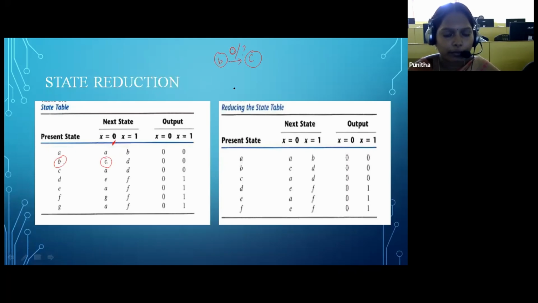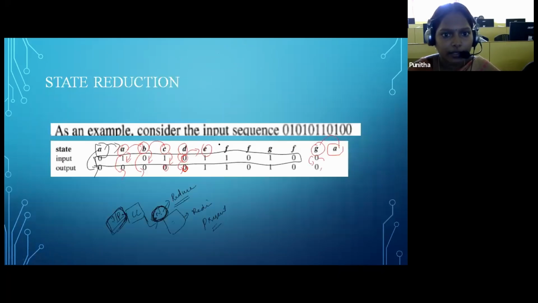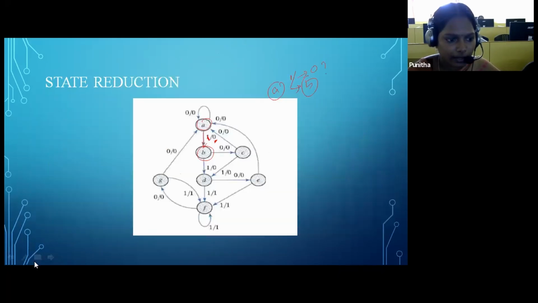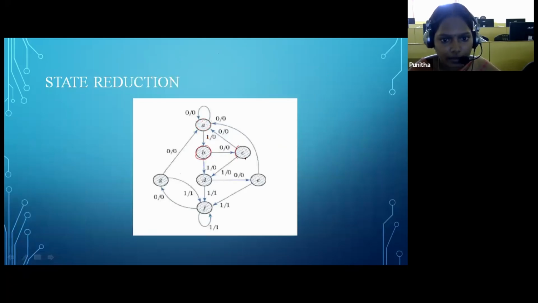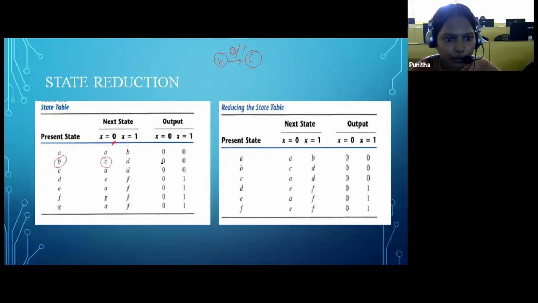That I have to look at in the diagrammatic representation. Where is BC present? This is the B, this is the C. The input is 0. Then what will be my output? Output is 0. I have to mention it here.